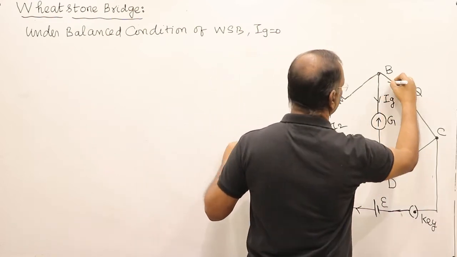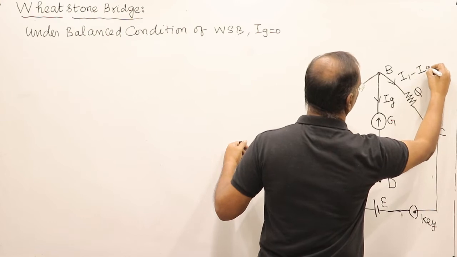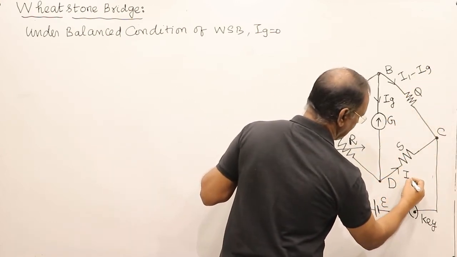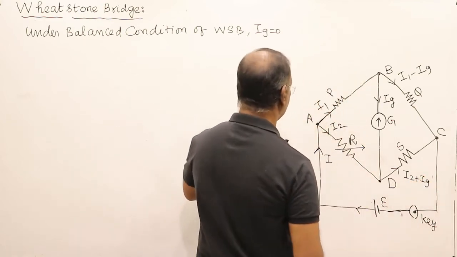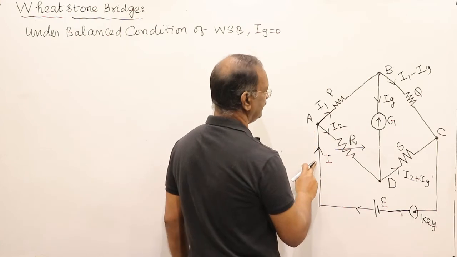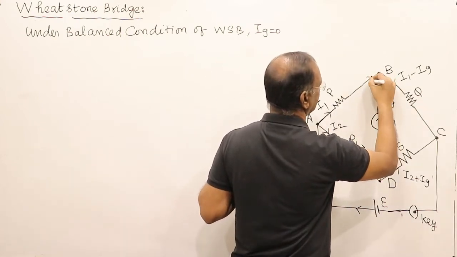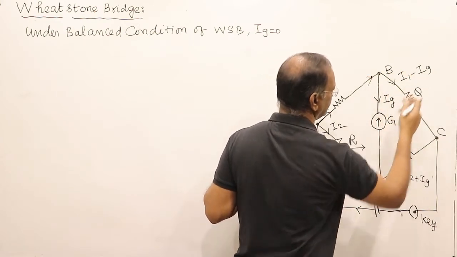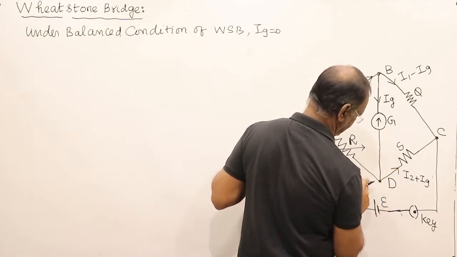Here Ig is going, so I1 minus Ig will flow here. Here I2 plus Ig is flowing as per KCL. At this point, I is flowing as I1 and I2. Here Ig is entering, so I1 minus Ig will flow here. Here Ig is coming, and here I2 is coming.